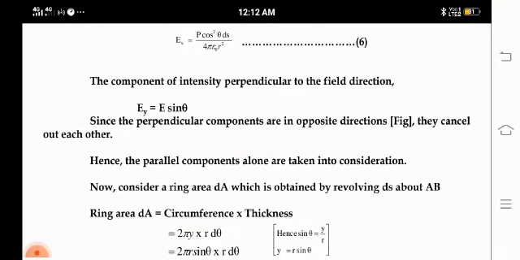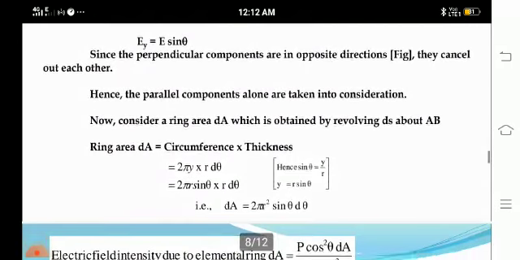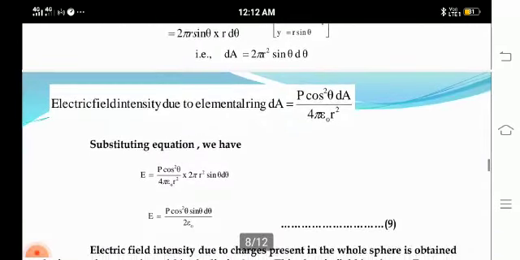Now, we consider a ring area dA, which is obtained by revolving ds about AB. Ring area is equal to circumference into thickness. By substituting the values, we get dA equal to 2 pi r squared sin theta d theta. The electric field intensity due to the elemental ring dA is equal to P cos squared theta dA divided by 4 pi epsilon naught r squared.